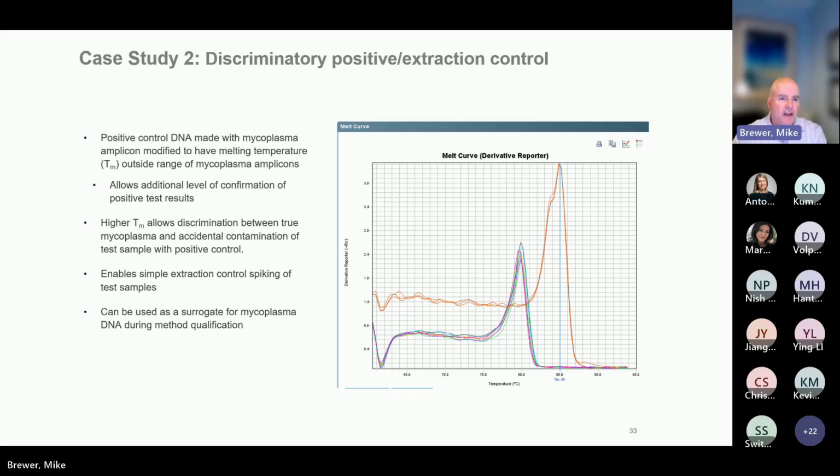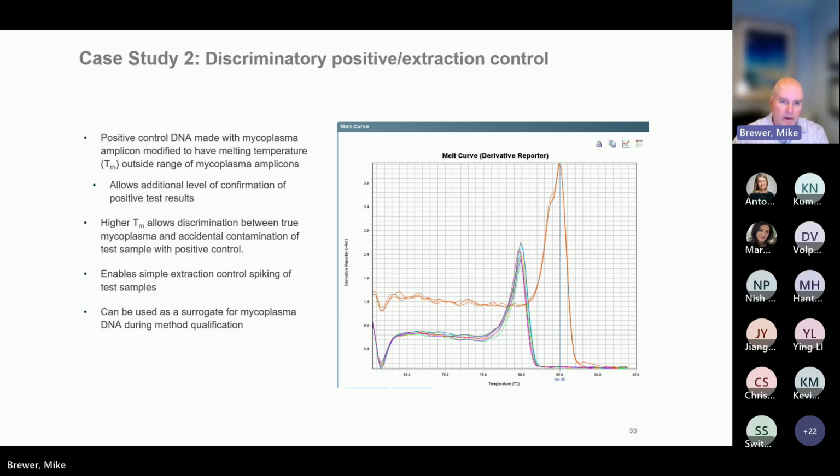So we specifically designed a discriminatory positive extraction control with a target that's amplified by the Mycoplasma specific primers, but it generates an amplicon that's outside the range of Mycoplasma amplicons, as you can see here.